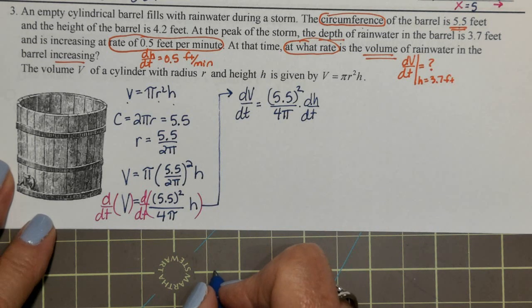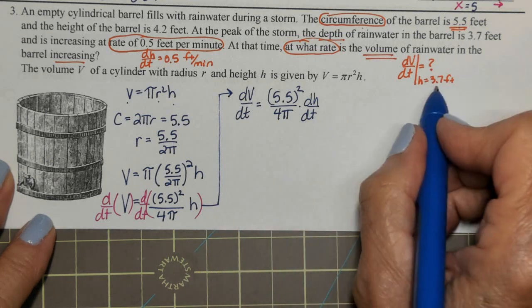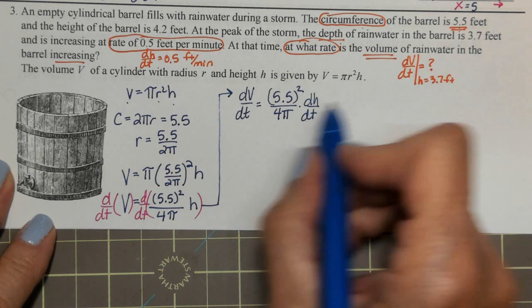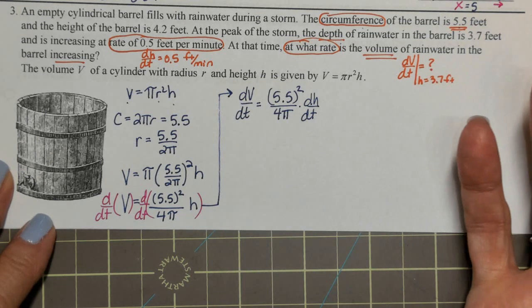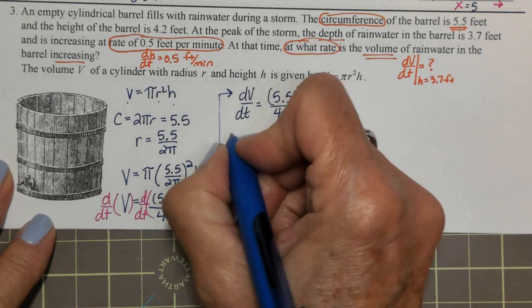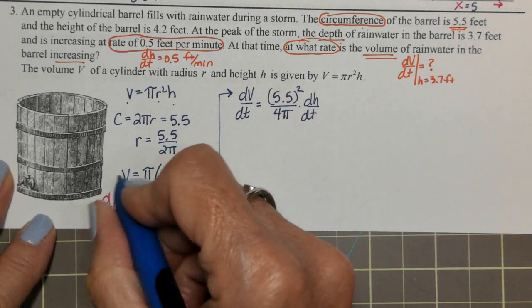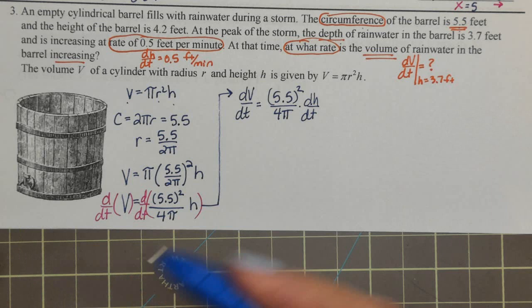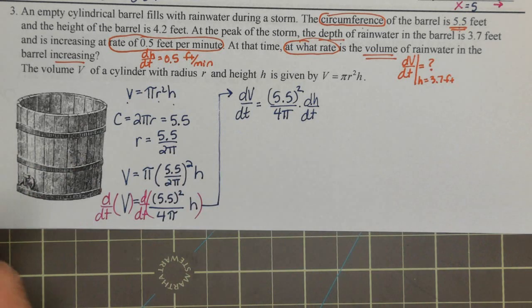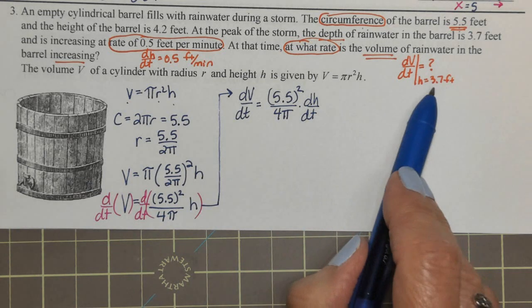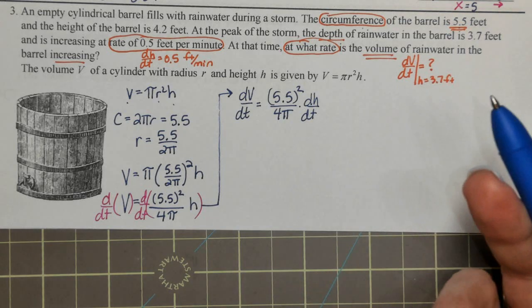Okay. Time to plug in. So we're plugging in 3.7 for h, but we don't have an h to plug it in for. So if you want to say when h is 3.7 feet, you can, but this is going to be true regardless of what the value of h is. This is going to be true all the time.